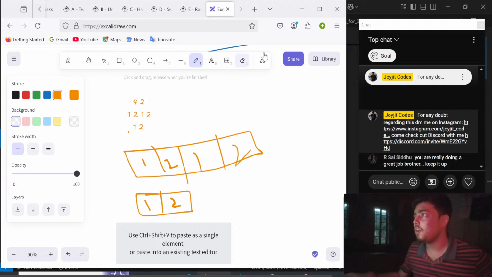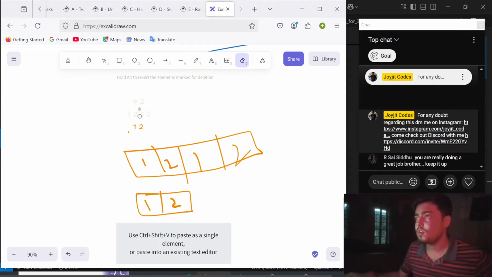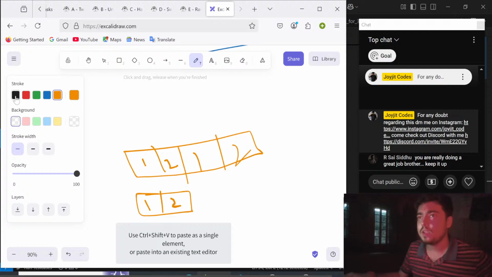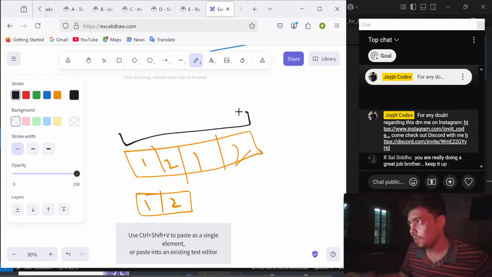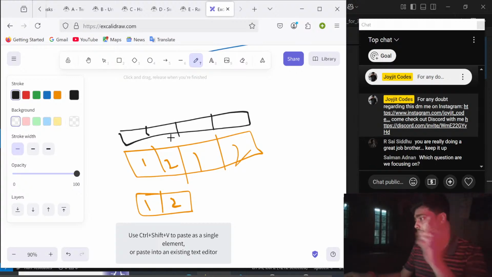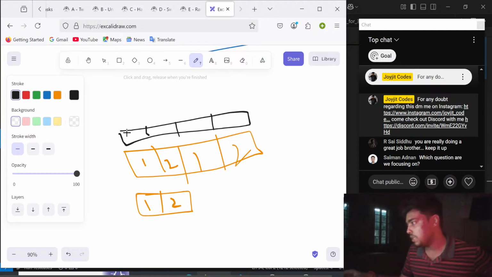And let's say now I can erase this out. Okay. Now let's say on top of this, I'm going to have one array for which I'm going to do it from left to right. Now see, which question? So we are still focusing on the first question. Okay, it's still the first question.